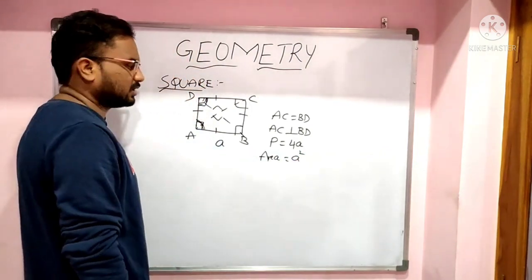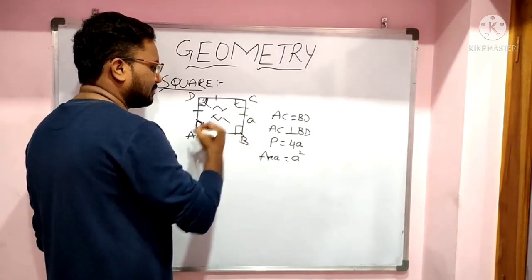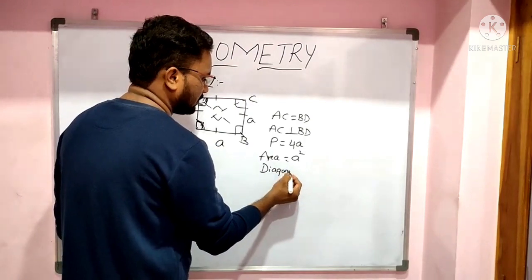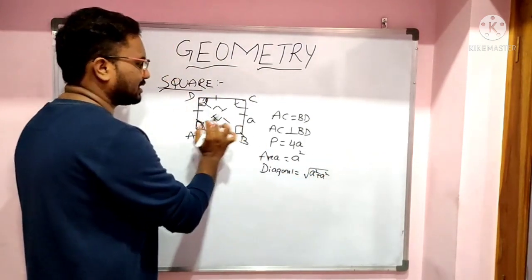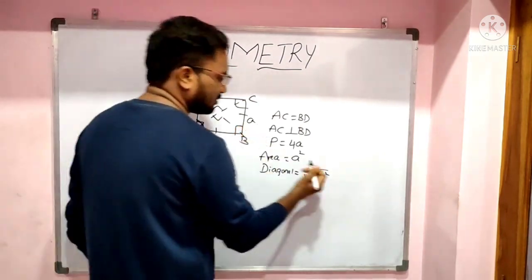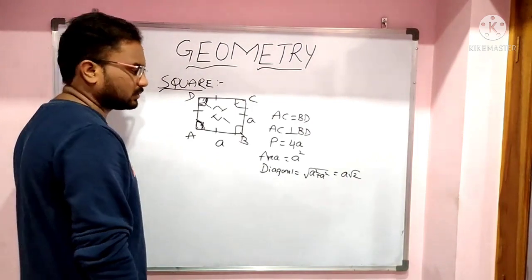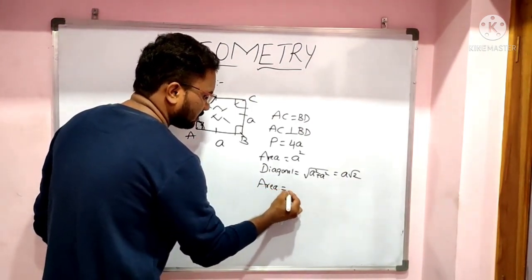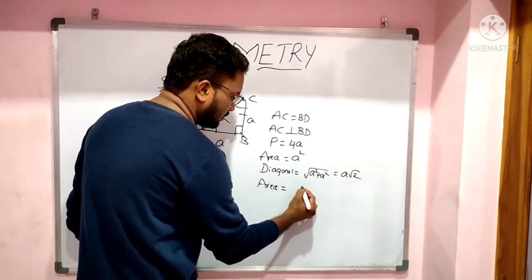If this is A, this will be A, then the diagonal of the square equal to square root of A square plus A square, because it is a right angle triangle. That equals A root 2. So the area of a square can be written in terms of diagonal as diagonal by root 2 whole square.